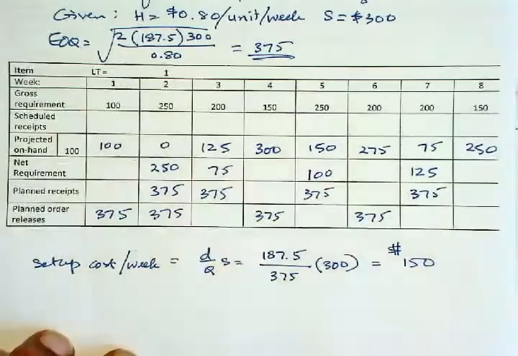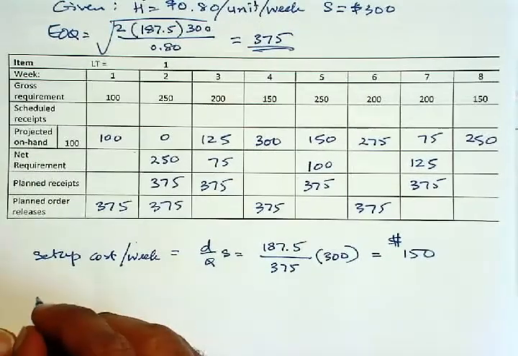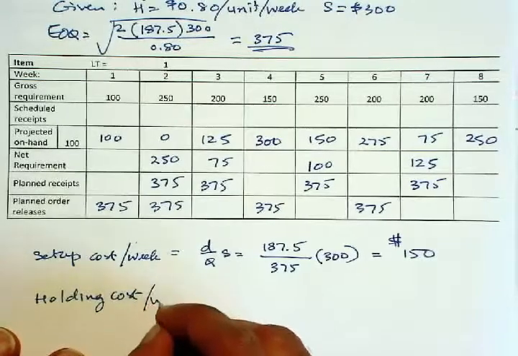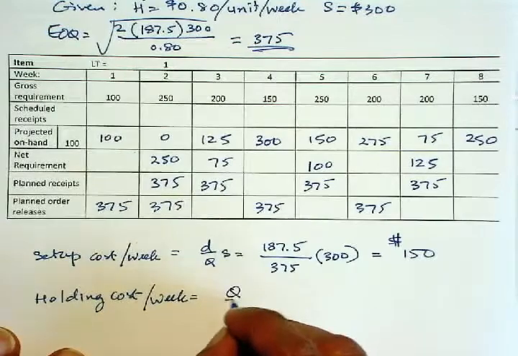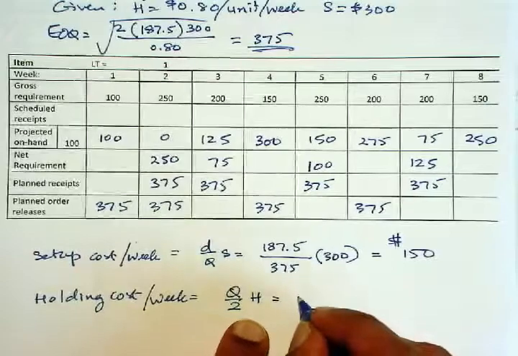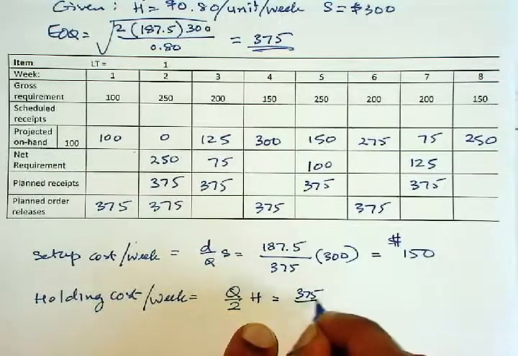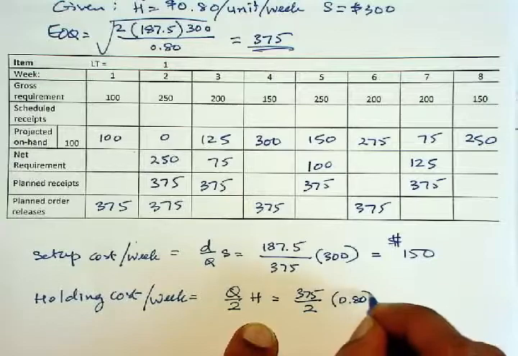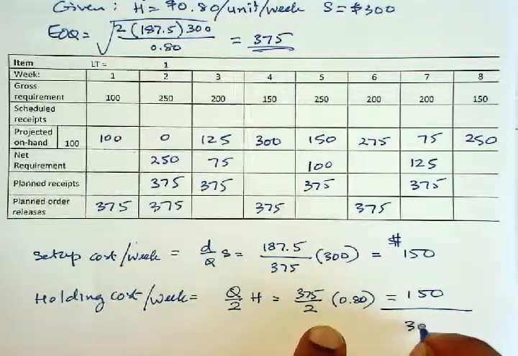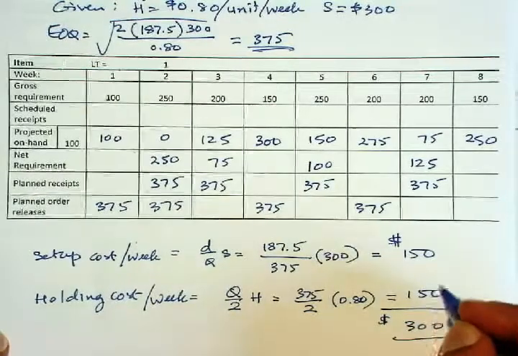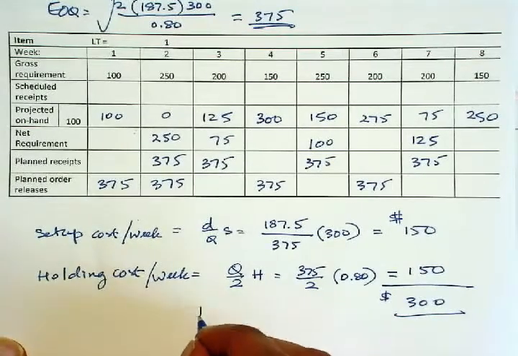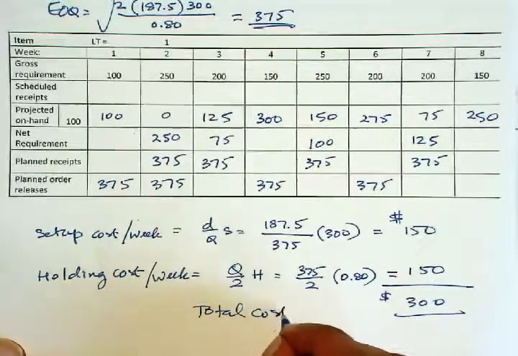Okay. Now holding cost per week is Q over 2 times H per week. So we take 375 over 2 times 0.8 per week. So that gives us 150 for a total of $300. Okay, so that's our EOQ working here, both setup cost per week and holding cost per week being the same. So total cost per week.